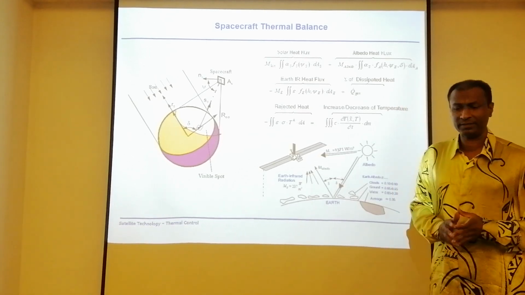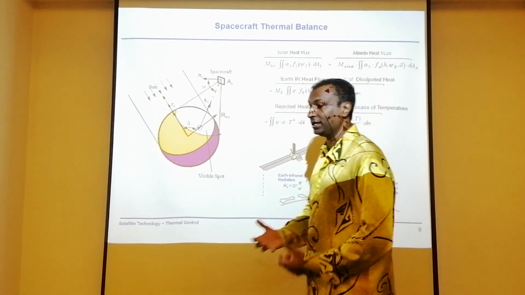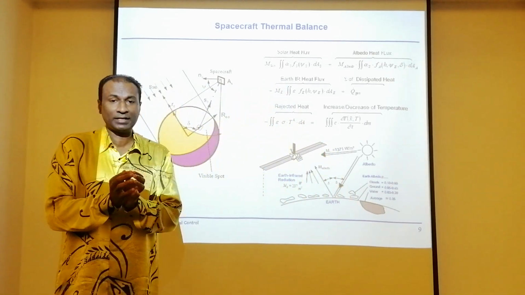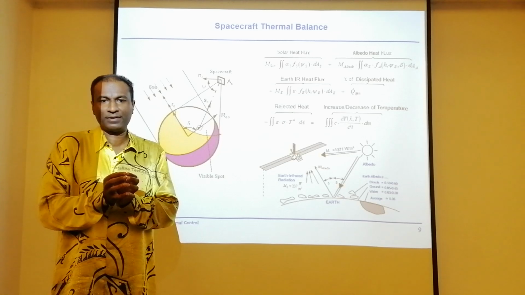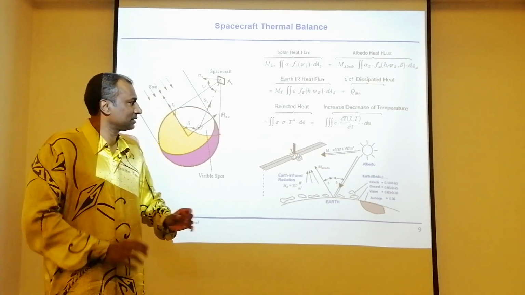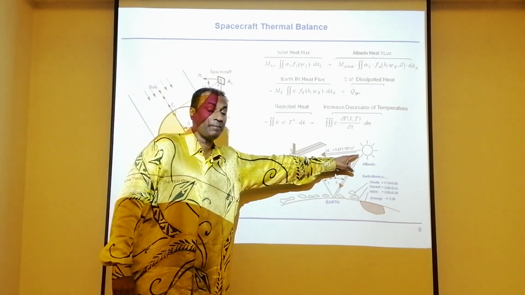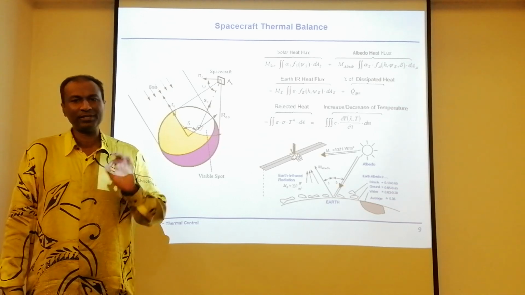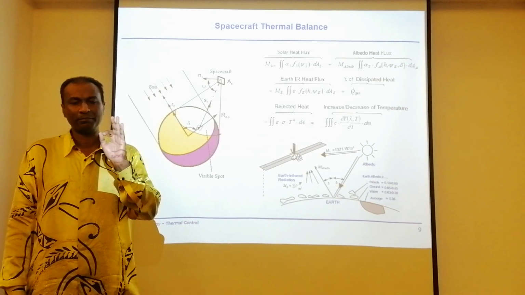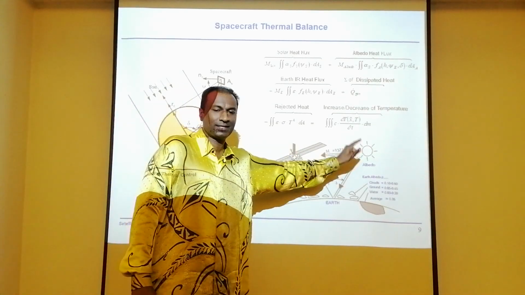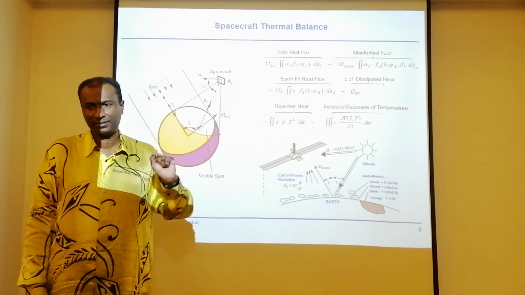Now, Earth infrared, the name itself is Earth infrared. So Earth infrared comes from the infrared heat that planet Earth has. So it does not depend much on the sun lighting conditions.